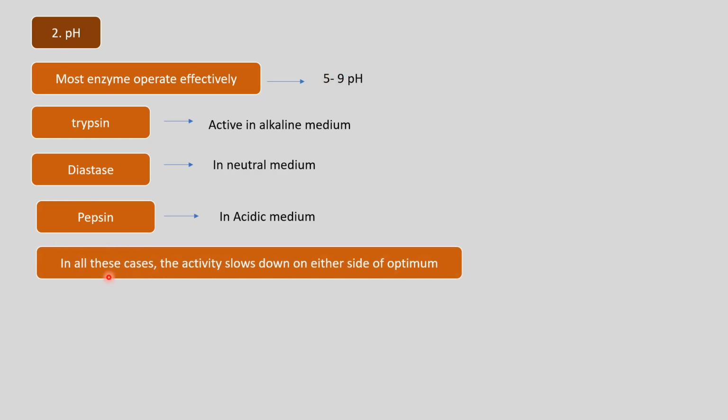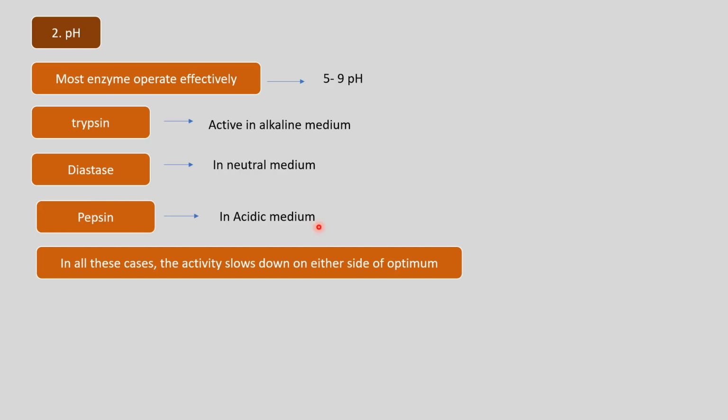Now in all these cases, the activity slows down on either side of optimum. By that I mean, when I say that pepsin is active in acidic pH, so for example pepsin is active at pH 3, right?